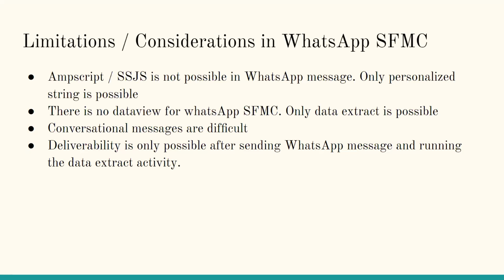If there is a delay of 2 days, then you send out an SMS, then we can extract the activity, do a decision split on top of it and cover that. But in general, deliverability is right now only known after running the tracking. These are the limitations or considerations you need to keep in mind while implementing WhatsApp messages.